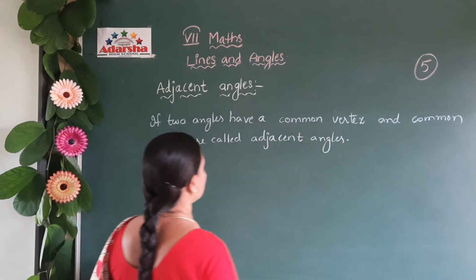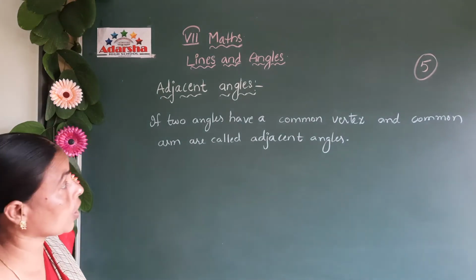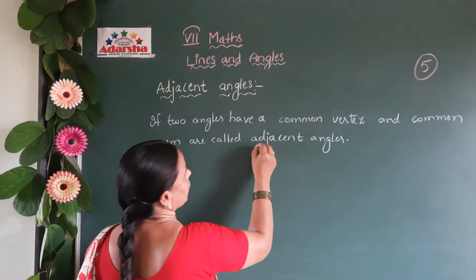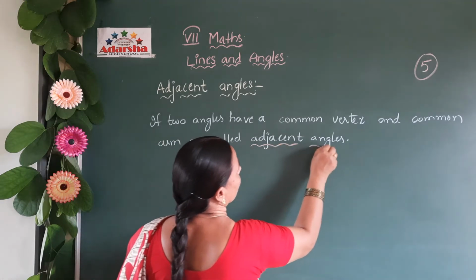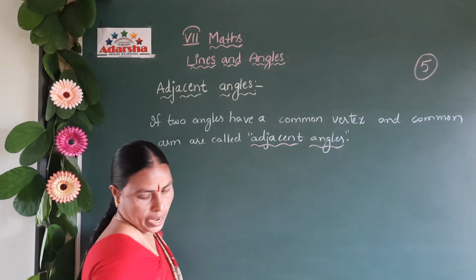What are called adjacent angles? If two angles have a common vertex and common arm, they are called the adjacent angles.